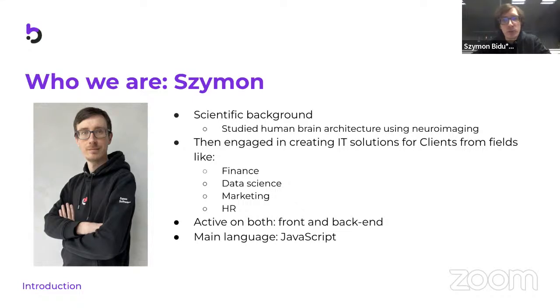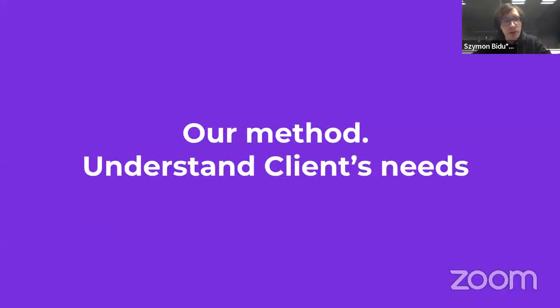And then I moved to the IT sector as a developer, and I help clients with building solutions from different fields like finance, marketing, or HR. I was active on both front and backend, and my main language is JavaScript, mainly in the TypeScript form. And I want to share with you and convey how at Espeo Blockchain we are approaching every project.